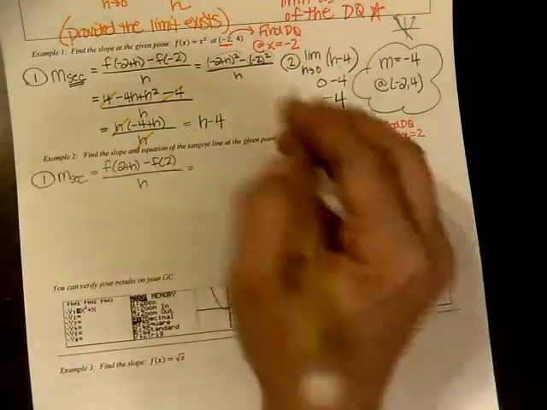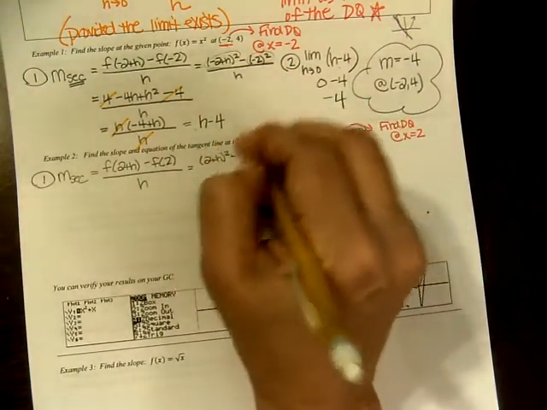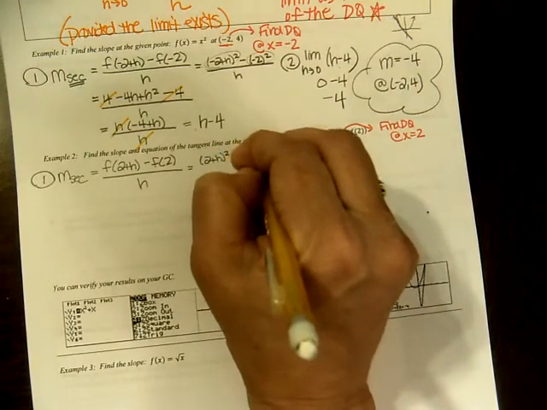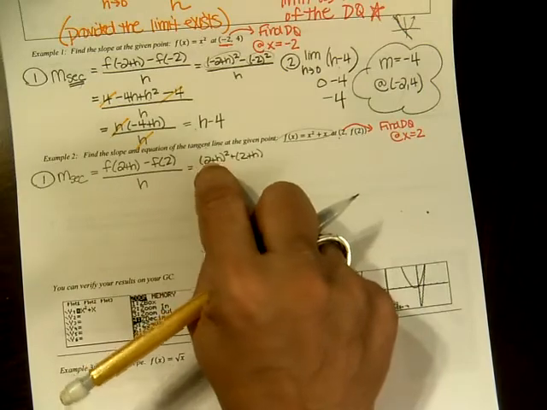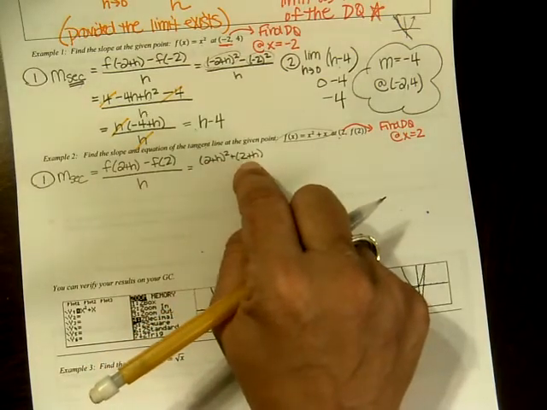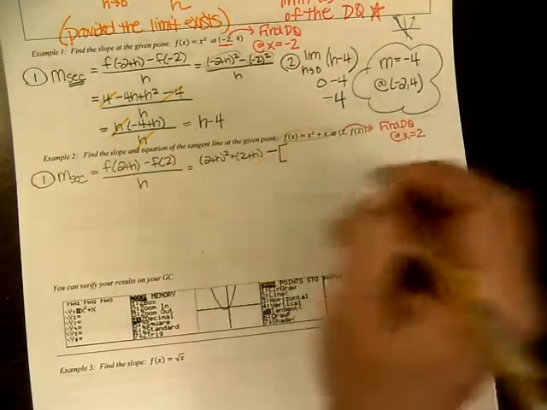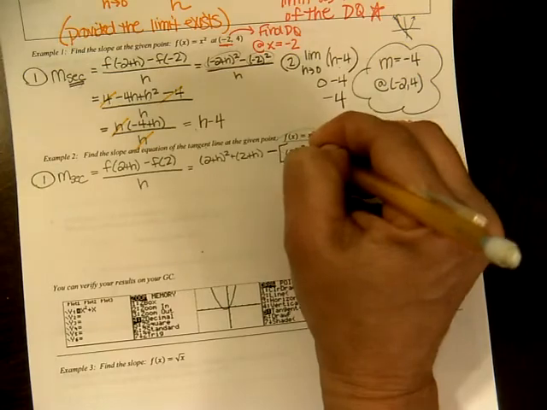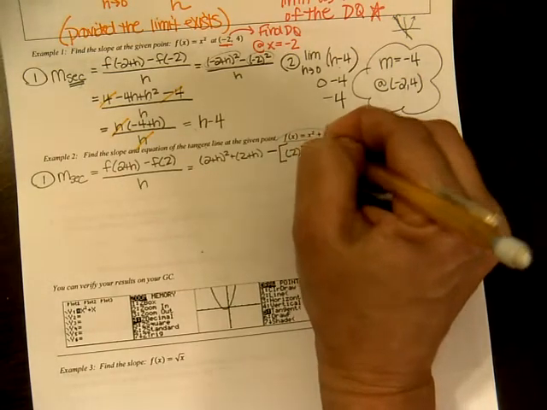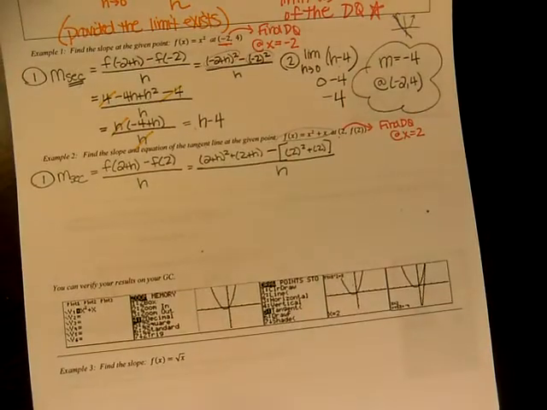So to find f of 2 plus h, I need to put 2 plus h in for x. So x squared plus x now turns into 2 plus h squared plus 2 plus h. And then we're going to subtract f of 2, which means we would have 2 squared plus 2. And all of that is over h.